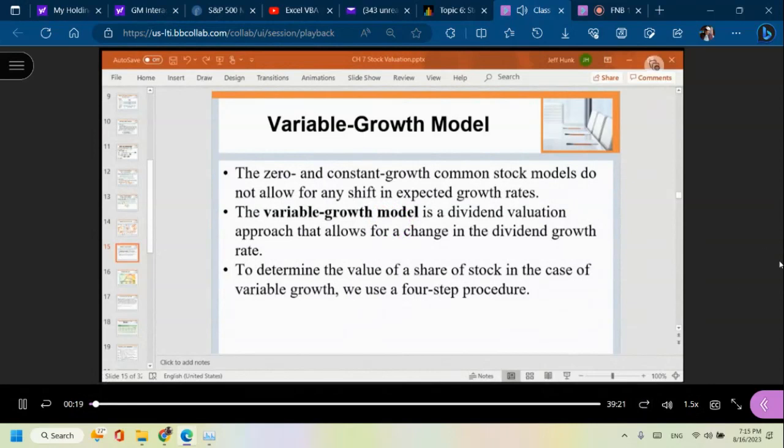Now, in our last lecture, we discussed the golden growth model, which is also called the constant growth model or constant dividend growth model. We are moving on to the variable growth model today in this lecture. Actually, if you think about it, the assumption of constant dividend growth is a very restrictive, rather artificial assumption.